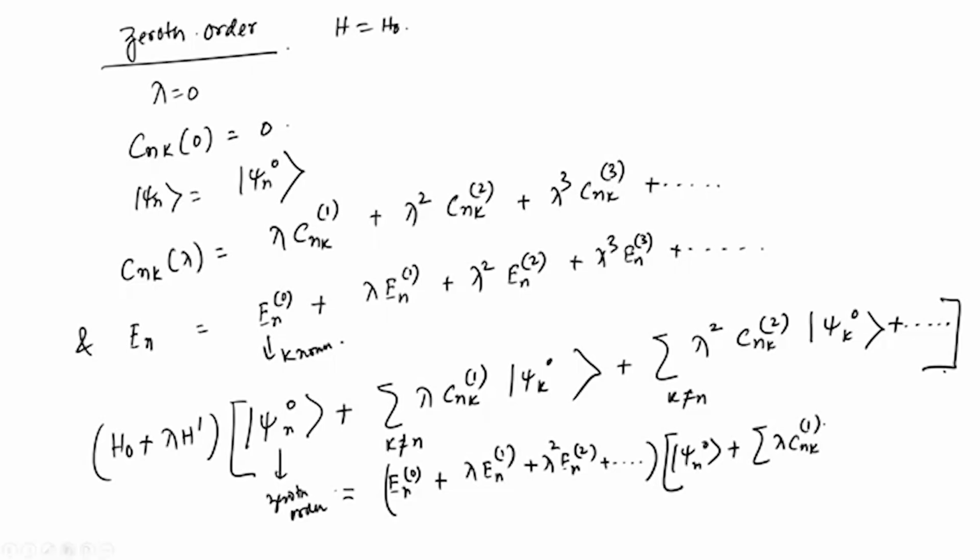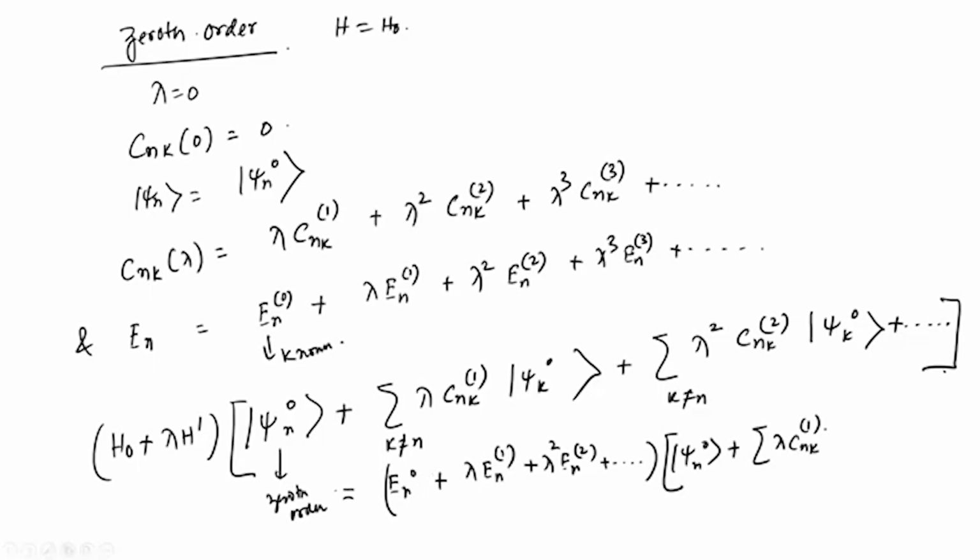So, we are writing the 0 without a bracket in the superscript, but all other orders we are writing it with 1. Anyway, your c n k 0 equal to 0. So, that is not there, but in the eigenfunction and the eigenvalues we will not put a bracket. So, we will simply write it like that.